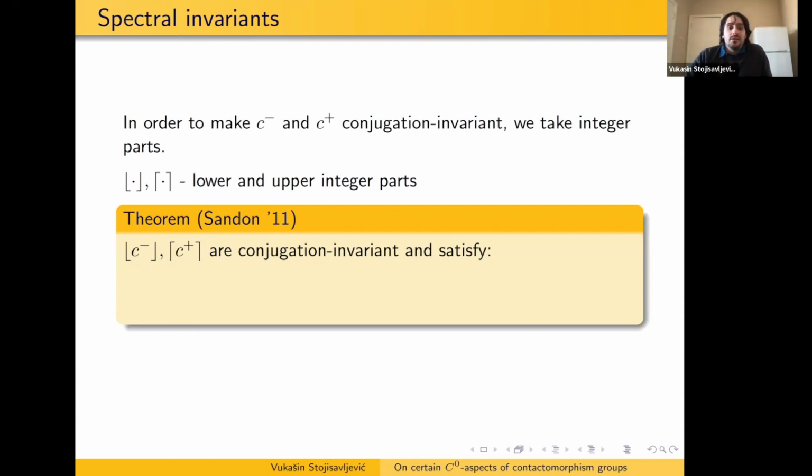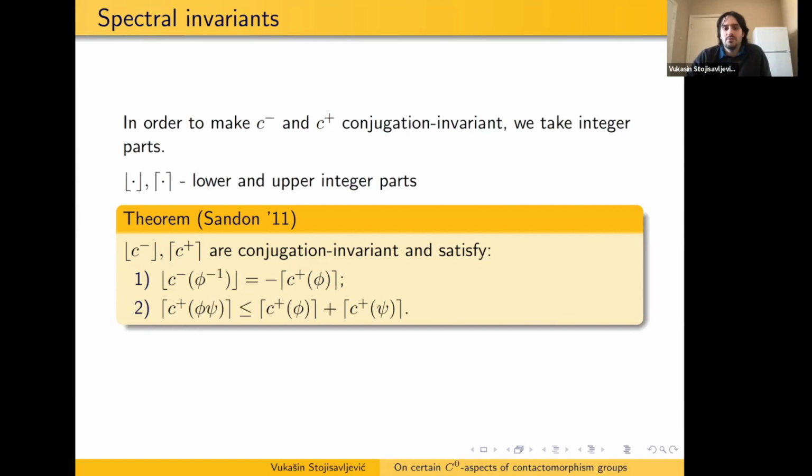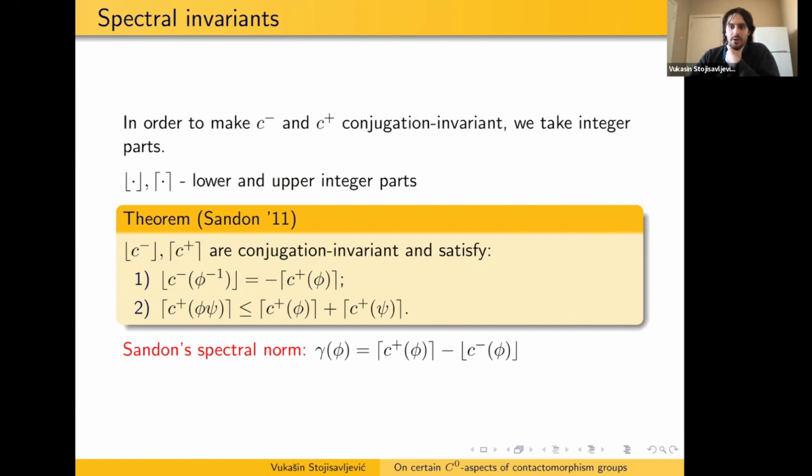They are conjugation invariant, and in fact, they satisfy everything nice which Floer theoretical spectral invariants satisfy. There is this inverse property, and then there is this triangle inequality. Now when we have arrived this far, you just take the difference and you create a bi-invariant metric. That's what Sandon did. And you see now it's integer valued because of all the integer parts everywhere.